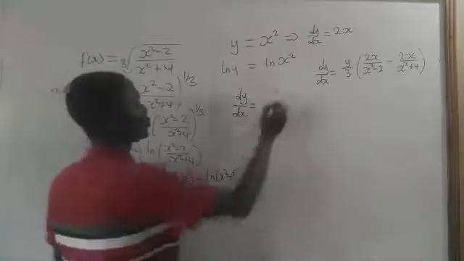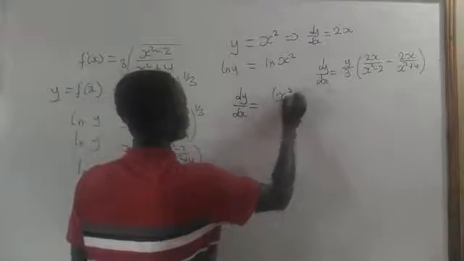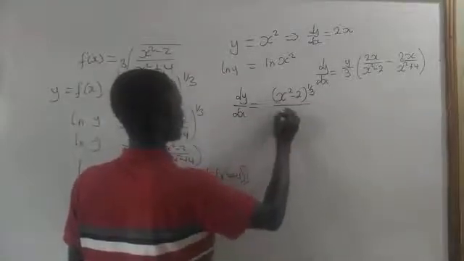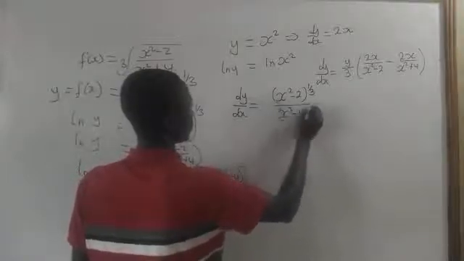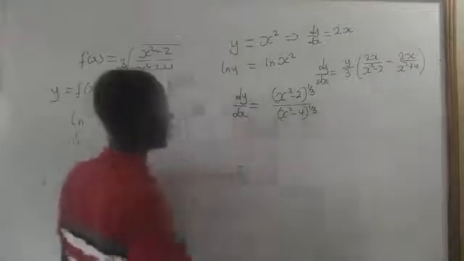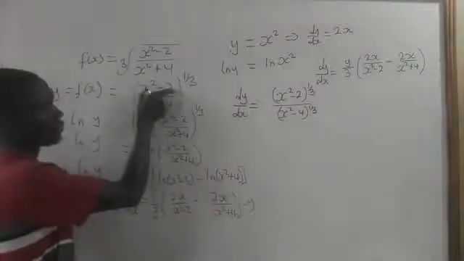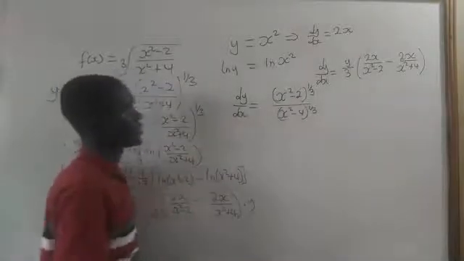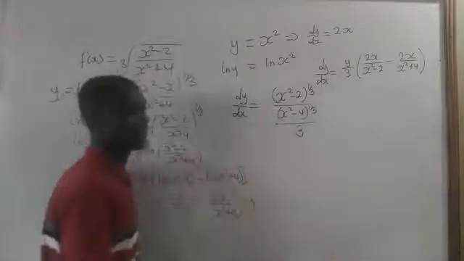So I'm going to write x squared minus 2 to the power 1 out of 3 divided by x squared plus 4 to the power 1 out of 3 as my y. The numerator will take the power and the denominator will take the power. That is what I've done there. And you have the whole of this divided by 3.